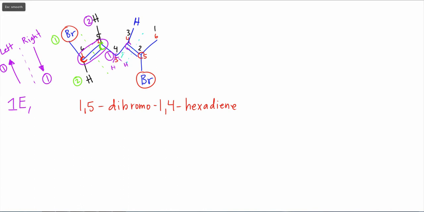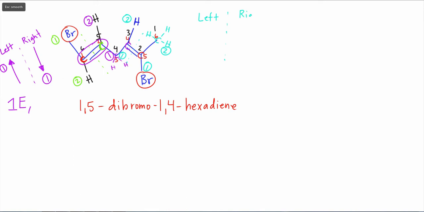So this carbon here would get position 1, this hydrogen would get position 2. On my red carbon, Br would get position 1, and this carbon, we know that's a CH3, would get position 2.